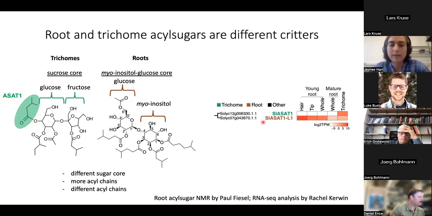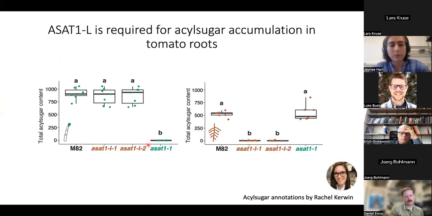Well, in the RNA-seq analysis that Rachel did, she found that there is ASAT1-like, which is a close paralog of the trichome ASAT1, and that it is expressed specifically in tomato roots, whereas the trichome ASAT1 is expressed specifically in trichomes. When she investigated some knockout mutants, she found that the trichome ASAT1, when you knock it out, predictably you get no acyl sugar accumulation in the trichomes.